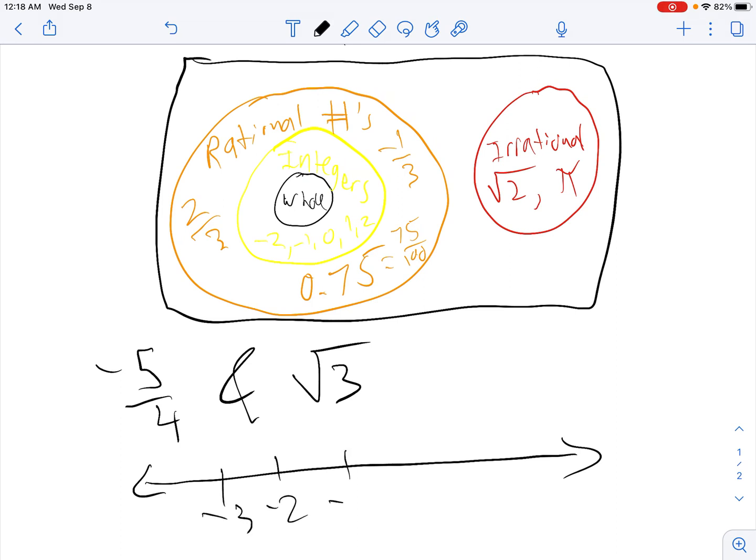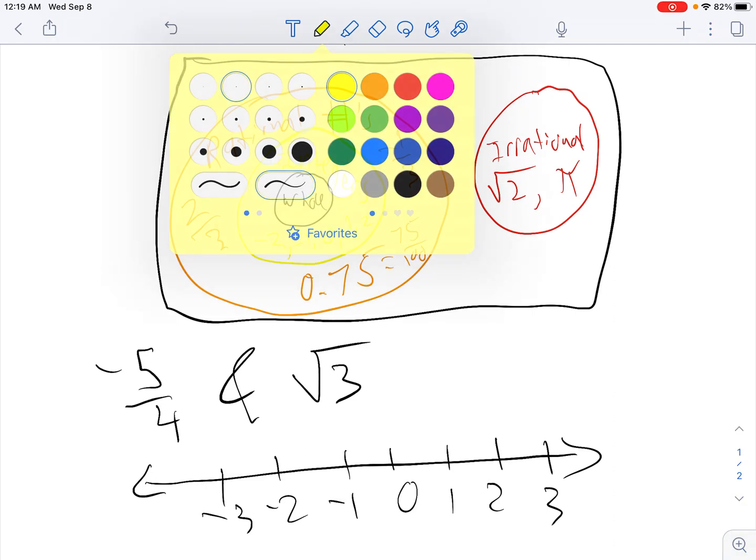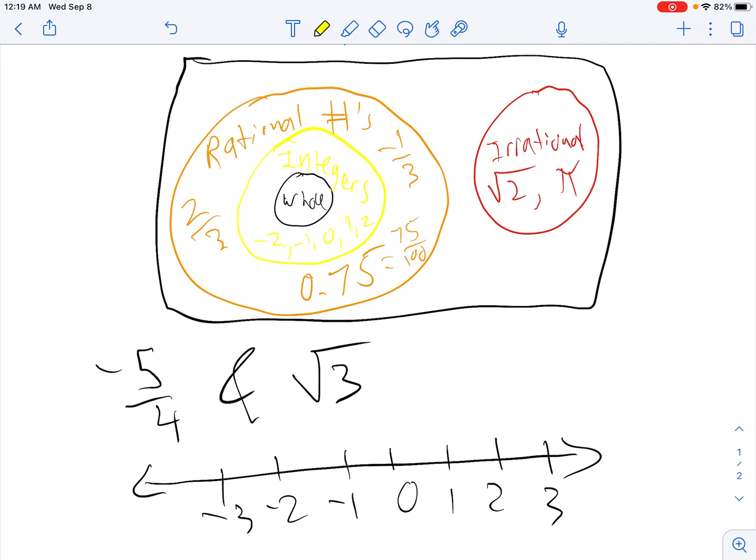So I'm just going to number it. Let's see here. -3, -2, -1, 0, 1, 2, 3. So I know that -5/4 is -1.25. So if I were to graph that, that would be about right here. I'm going to say -5/4.